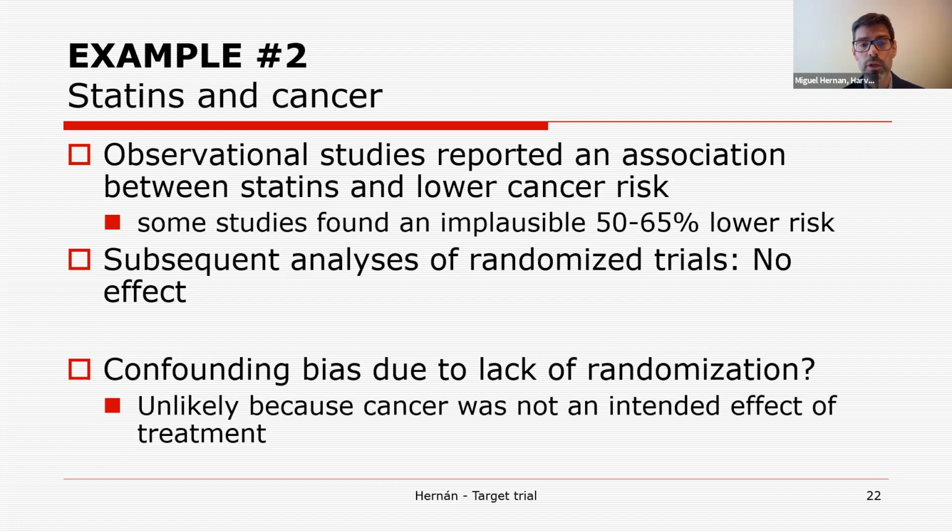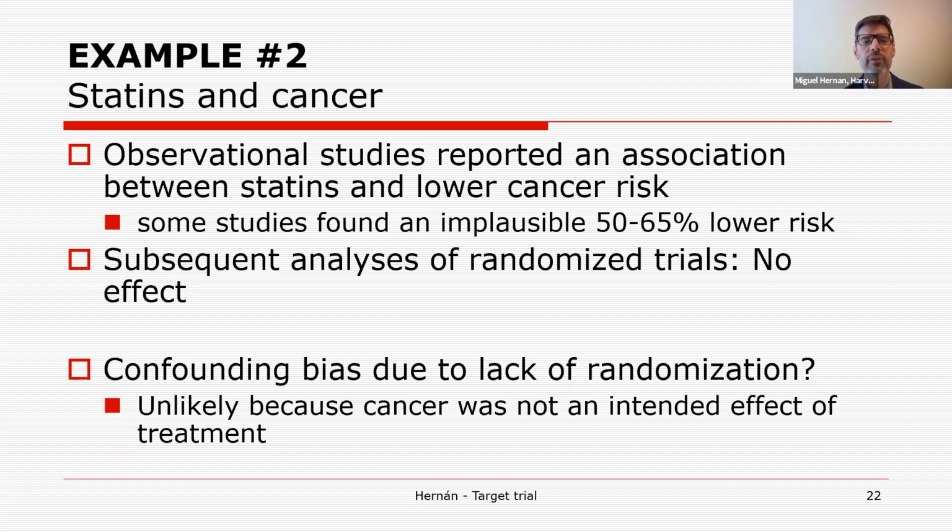And we know that they're wrong because there are meta-analyses of randomized trials of statins that have found not even a hint of an effect of statins on risk of cancer. But also we know that these observational studies cannot be so wrong because of confounding, because of lack of randomization, because statins are not prescribed with an eye on cancer risk.